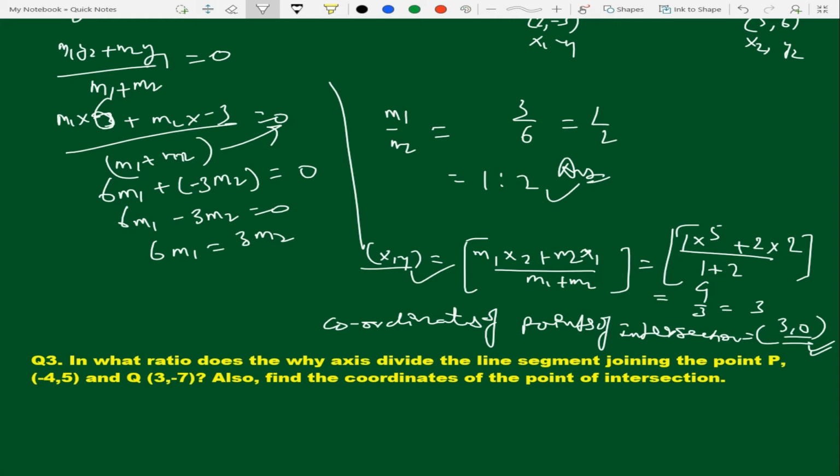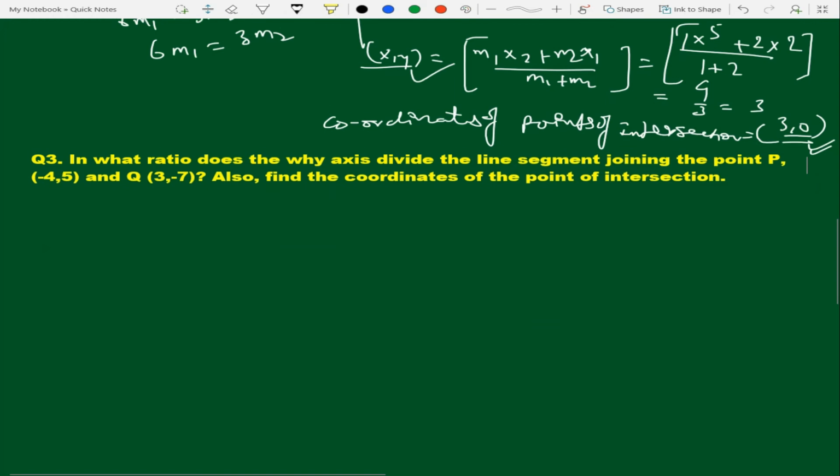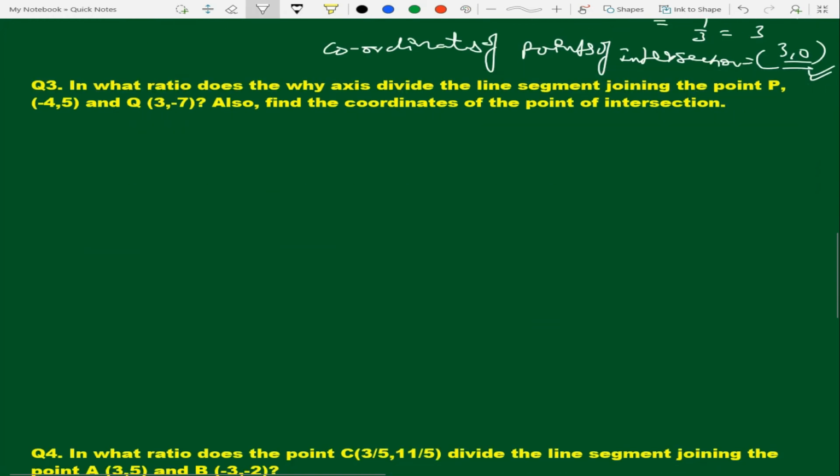Now our next question is, in what ratio does the y-axis divide the line segment joining the points P (-4, 5) and Q (3, -7)? Also find the point of intersection.